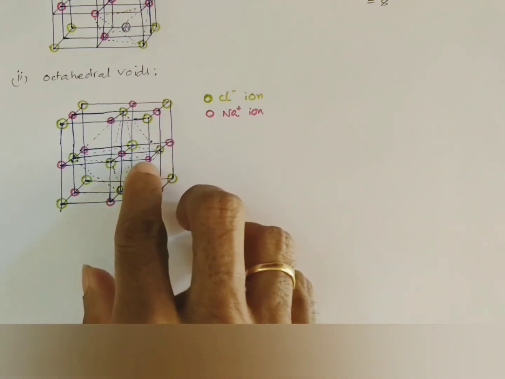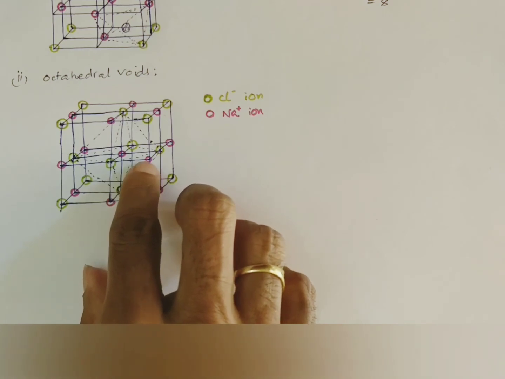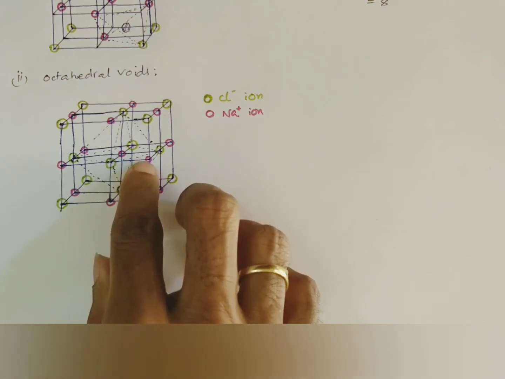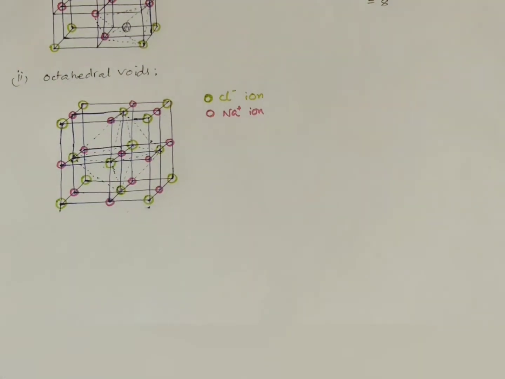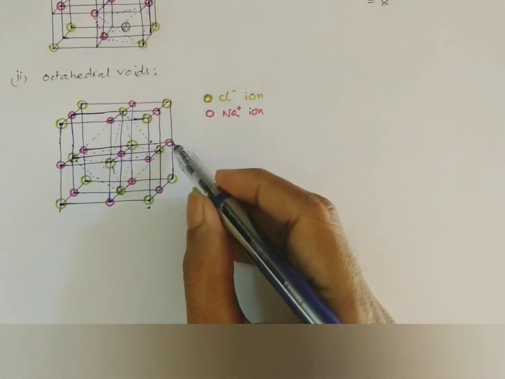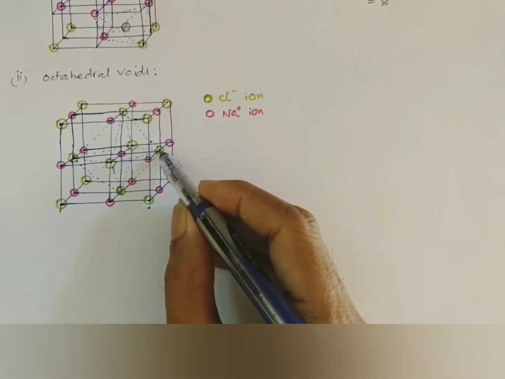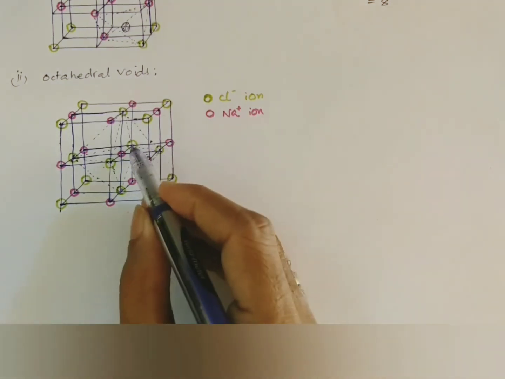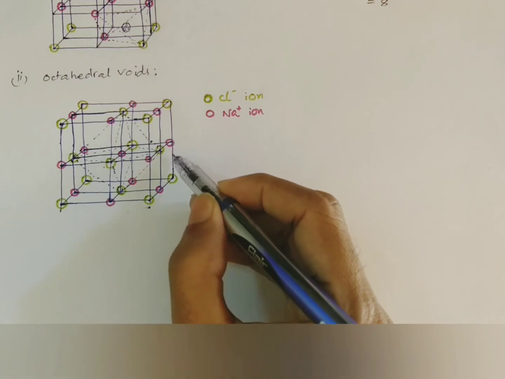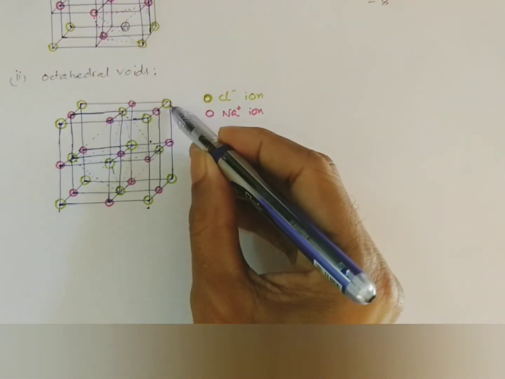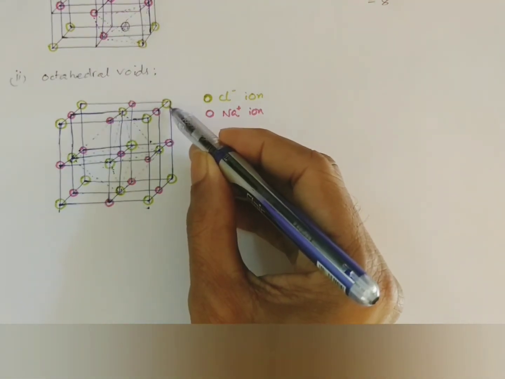And again, even if you consider this Na+ ion that is present on the edge, that is also considered to be present in an octahedral void. This sodium ion is also surrounded by 6 Cl- ions. How? This is one ion, this is another ion, third, fourth, and where are the other two ions?